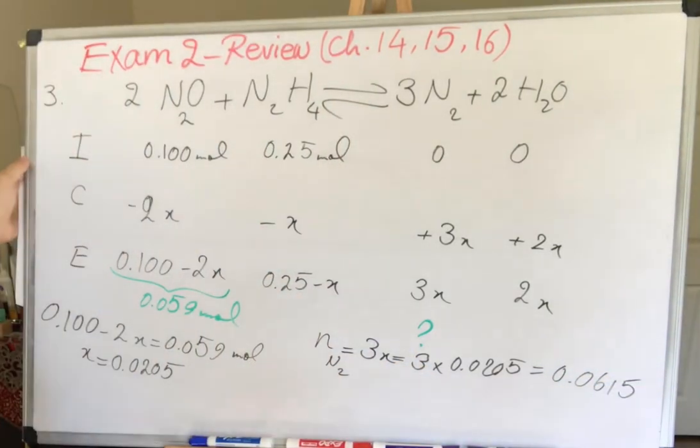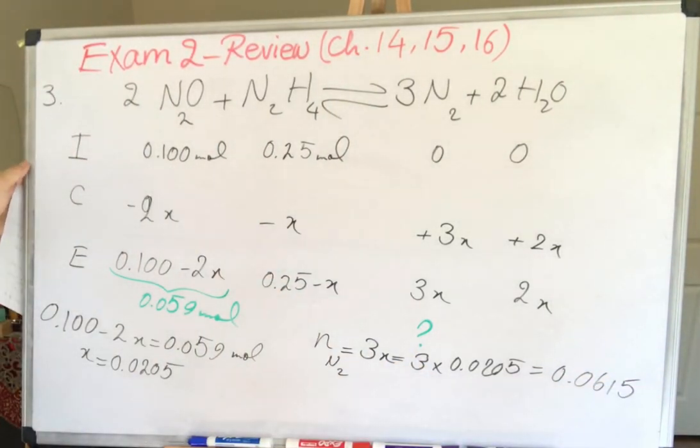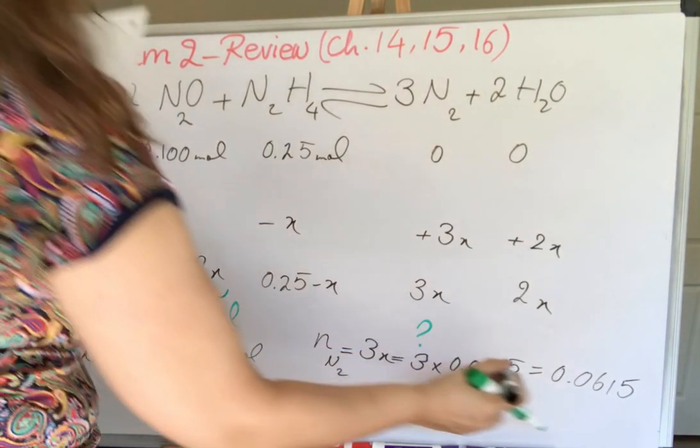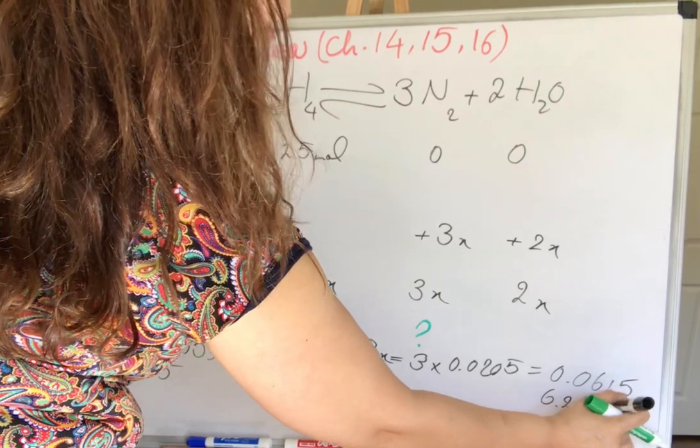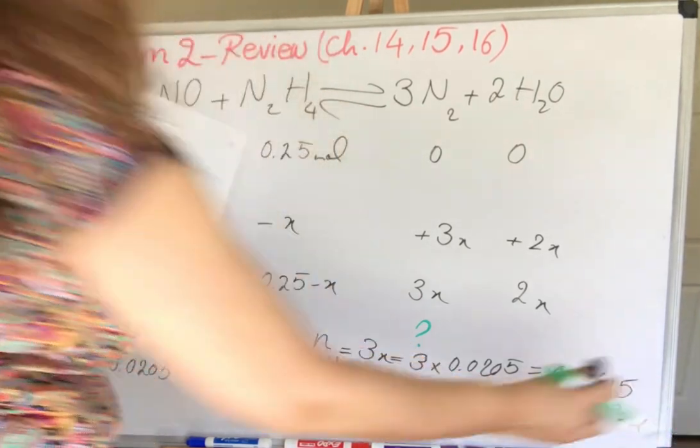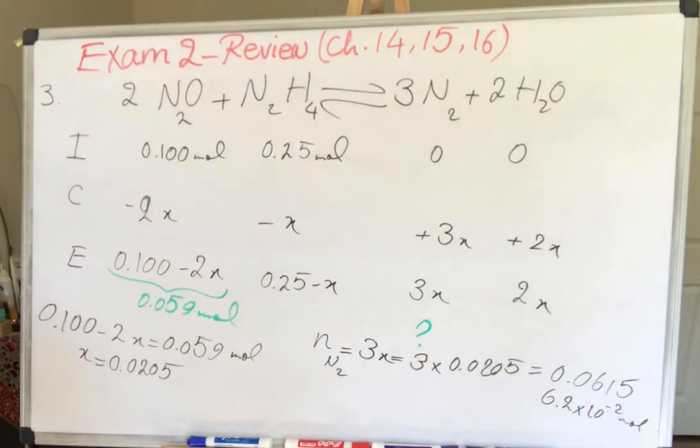Since the answers are given in scientific notation, it would be 6.2 times 10 to negative 2 moles. You are dealing with moles, not concentration, so you don't need to divide by the volume of the container. So that's how you pick C, which gives you the correct answer.